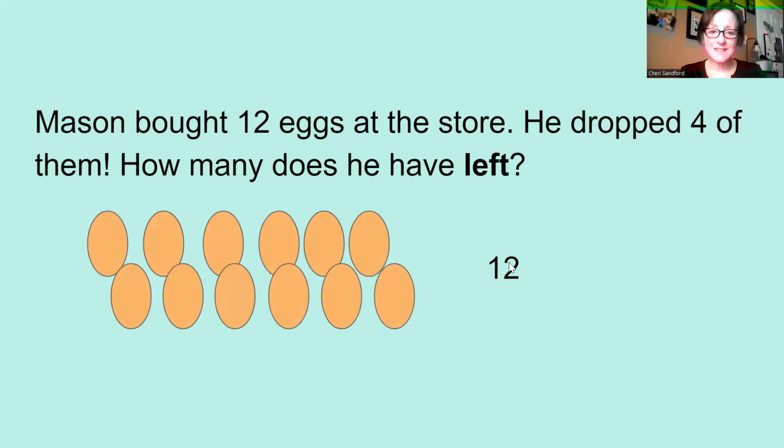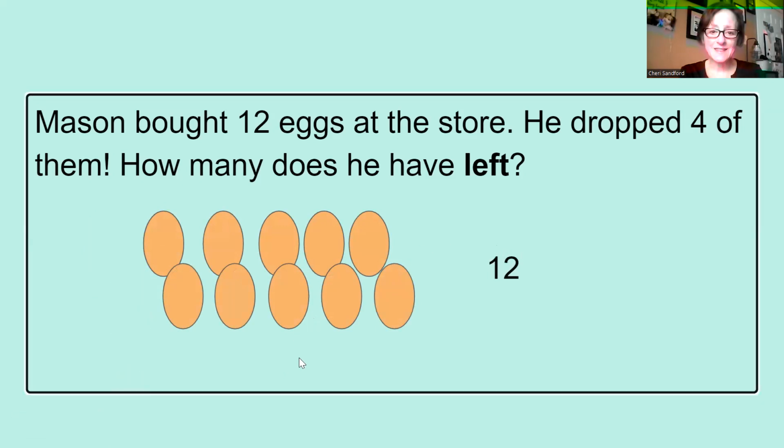But he dropped 4 of them. 1, 2, 3, 4. How many does he have left? Let's count. 1, 2, 3, 4, 5, 6, 7, 8. So 12 minus 4 equals 8.